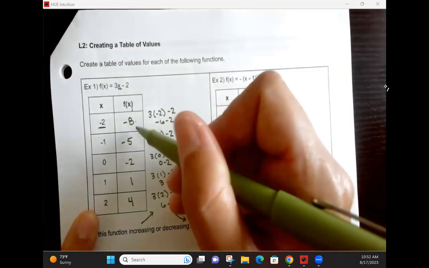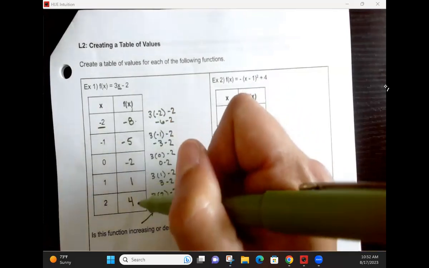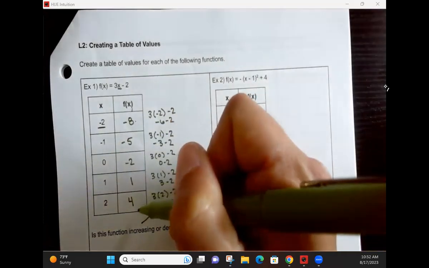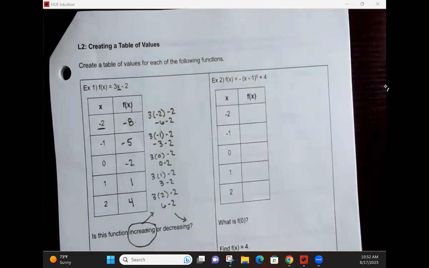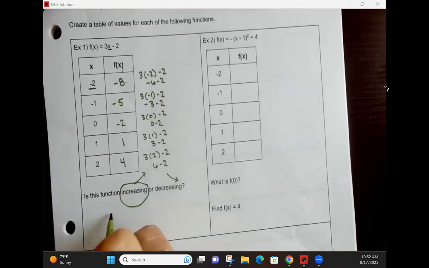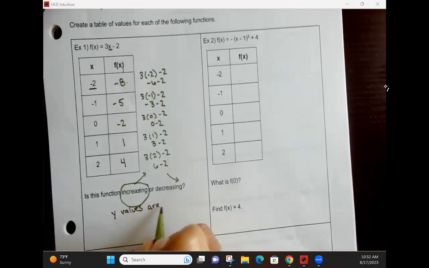So as my x goes up, what's my y value doing? Also going up. So we're increasing. That's an idea, again, we talked about with graphs, but we can get there from a table of values as well. Okay, I know that this function is increasing because those y values are increasing.